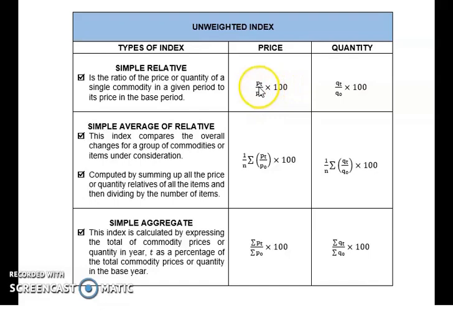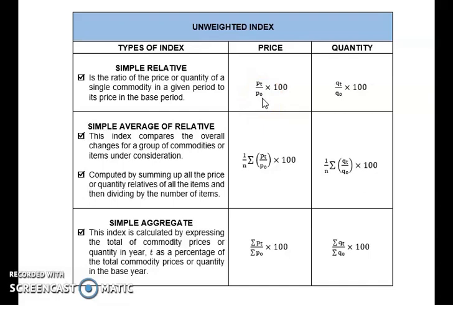Note here that P indicates price, Q indicates quantity. The subscript t here is the current year, meaning the current time or current period, and 0, or naught, here refers to the base year price.